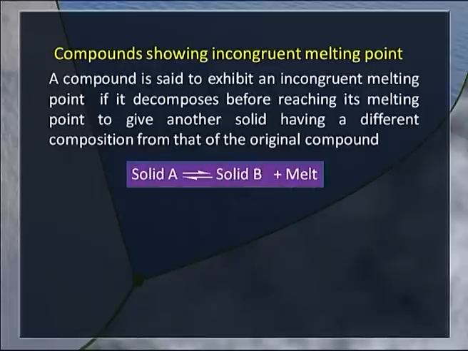an incongruent melting point. Here we have a solid A, which when heated gives you solid B and melt. And solid B has a composition different from that of solid A. The solid B that is formed may be another compound or one of the pure components that is present in the system.